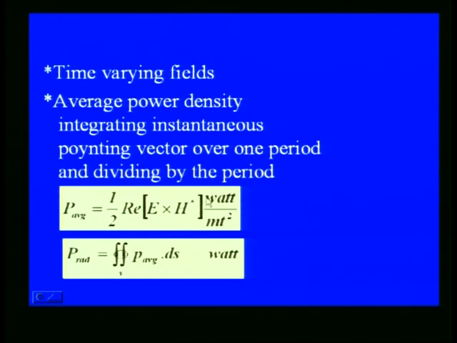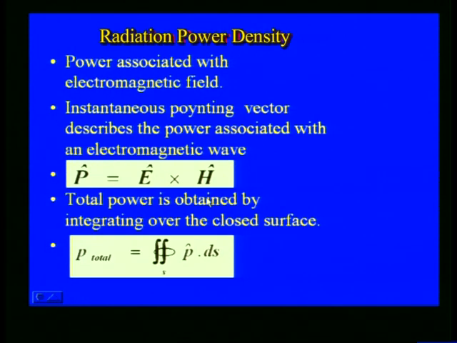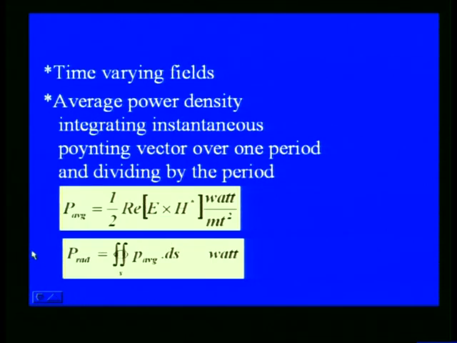Now, prior to this, I would like to explain one thing here. When you are talking about the instantaneous Poynting vector, integrating that over a closed surface, you get the instantaneous total power. Then when you go for a time varying field, you are more interested in the average power.